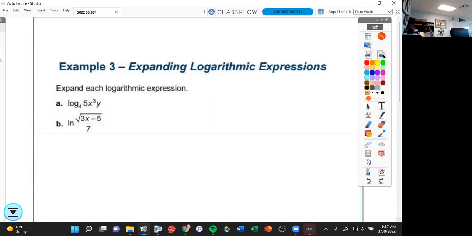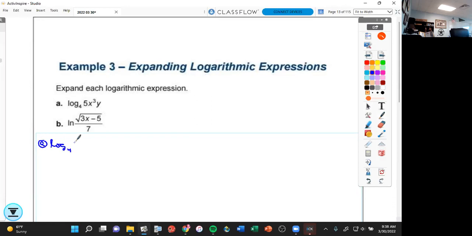Okay. Can we break that up? Without changing base, can we break it up? What would it look like? 5 times x cubed times y. I need some logs. Log base 4.